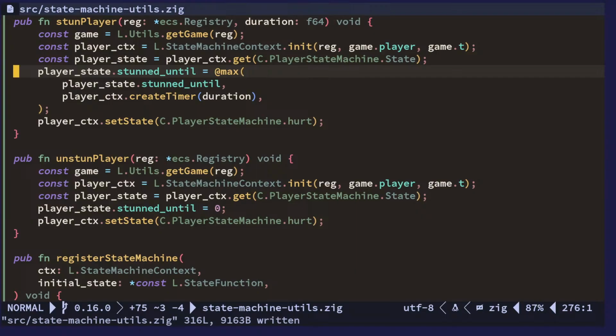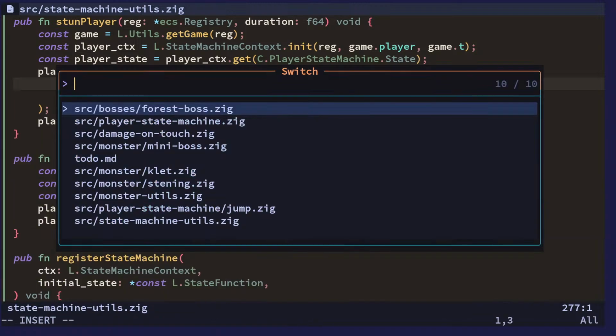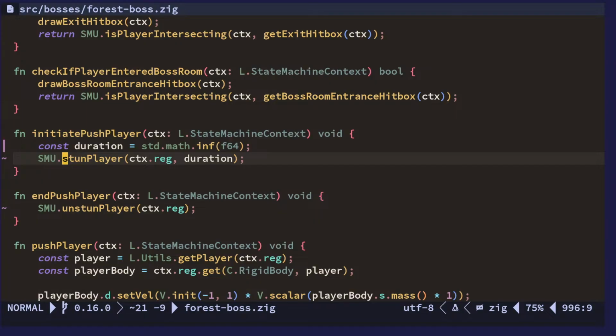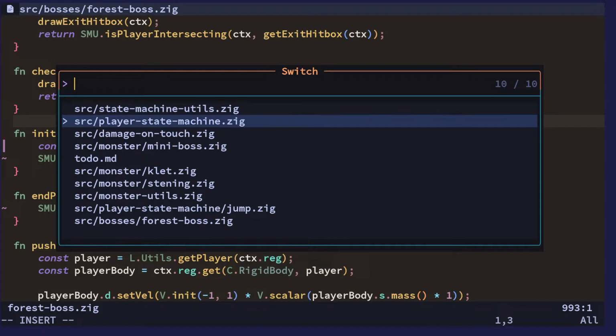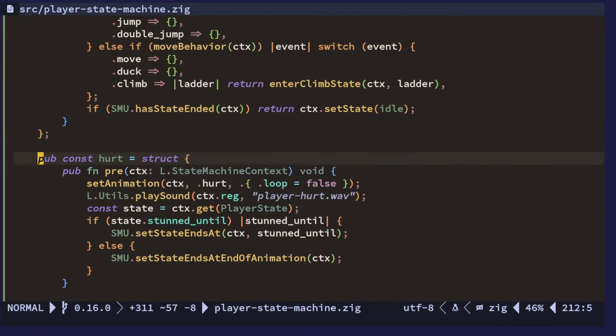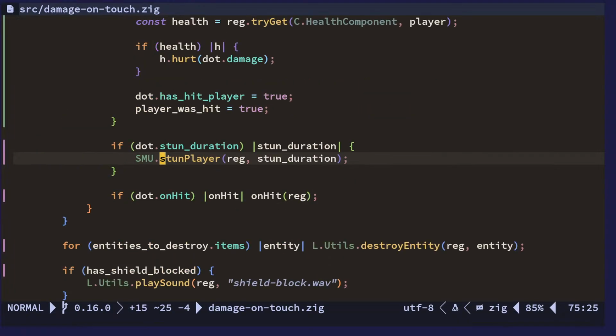So then if you take a lower duration, it's not going to override a longer duration. Okay. Right.